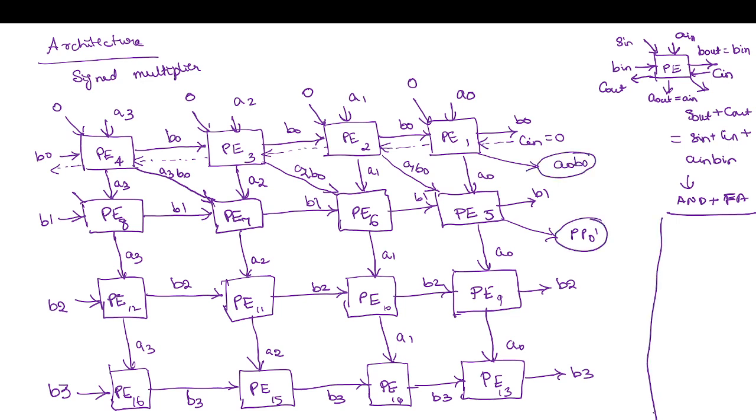Now if I take the first processing element, S out plus C out is S in, C in plus the A input B input and operation. So here this is 0, so I will be getting A0 B0 only, one term. So carry will be 0. Again the same way for this complete row carry will be 0.